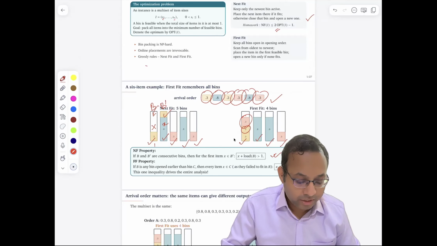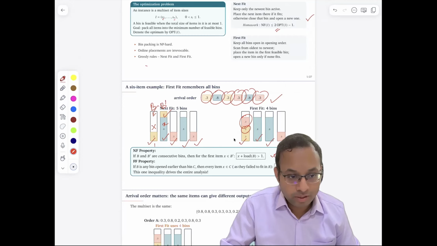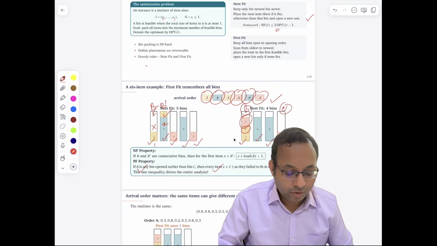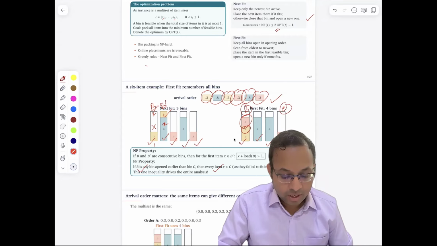So in this case, it's not only about consecutive bins, but if I take any bin B and any bin C which was opened later, and then I look at any item X in C, when X arrived, we always try to put it in the previous bins.